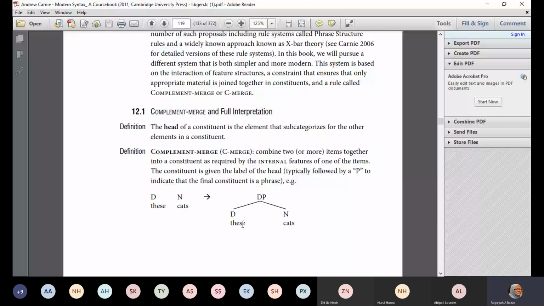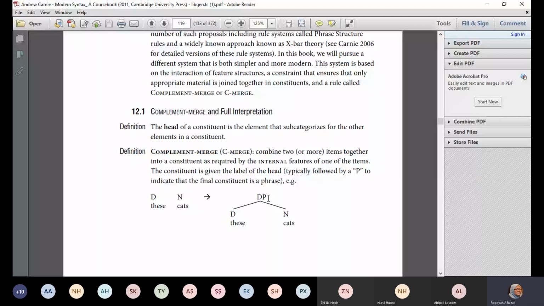He says, complement merge, C-merge, combine 2 or more items together into a constituent as required by the internal features of one of the items. The constituent is given the label of the head, typically followed by a P to indicate that the final constituent is a phrase. So the label is a DP.